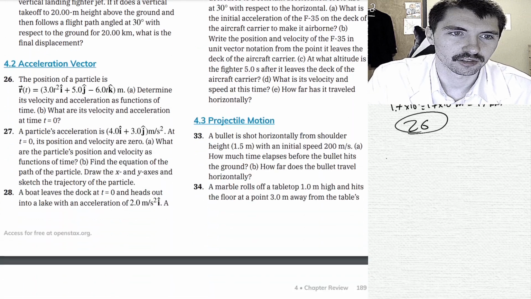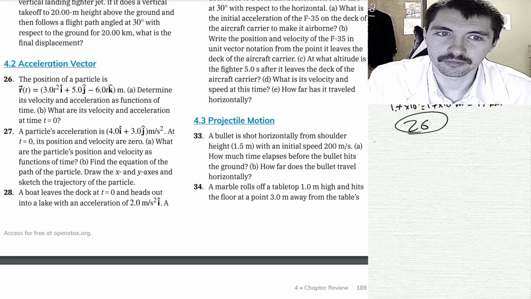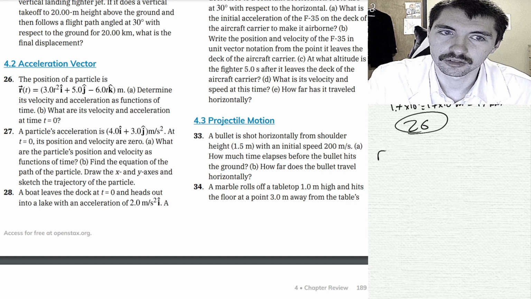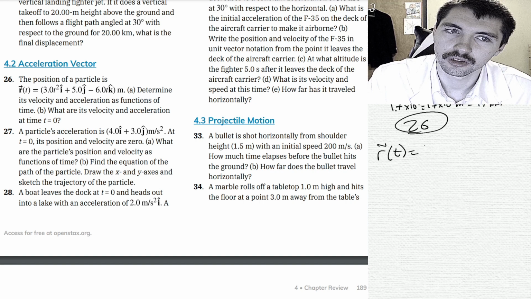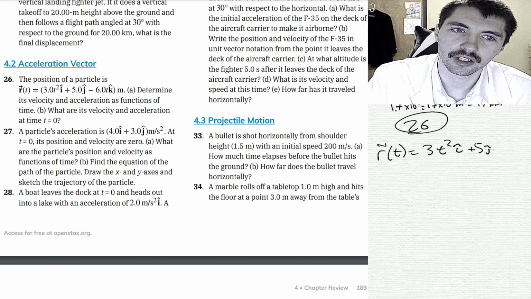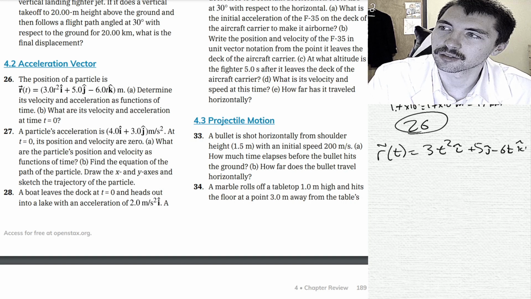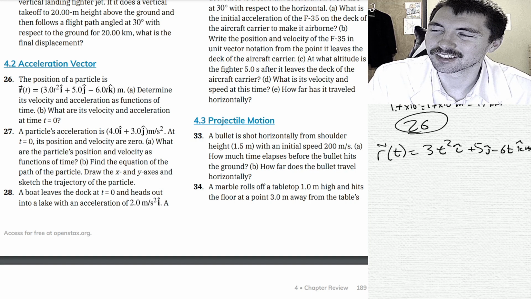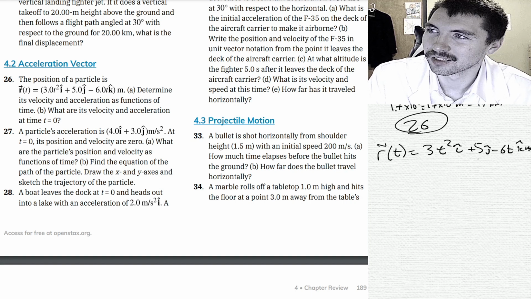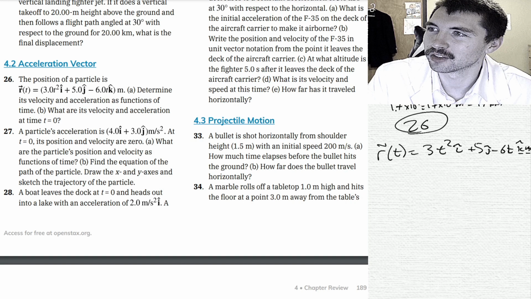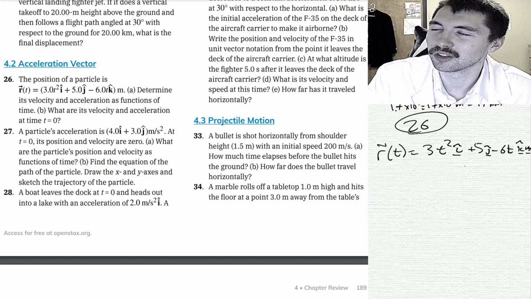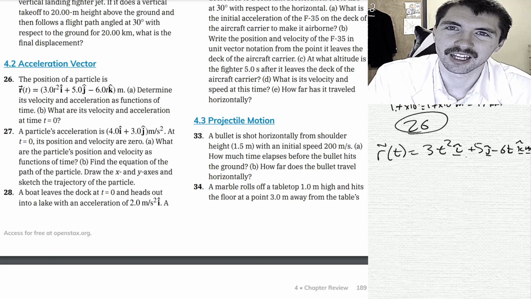All right. The position of a particle is 3t i plus 5 j minus 6t k hat meters. If this is your first time, these unit vectors and this meters are just, I would say, labels.